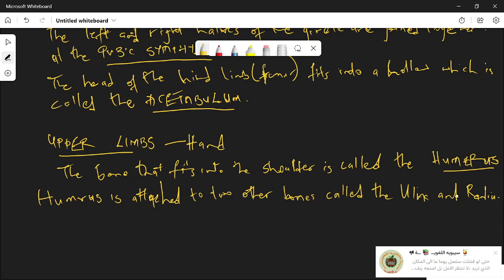They are attached to the ulna and what? And radius.